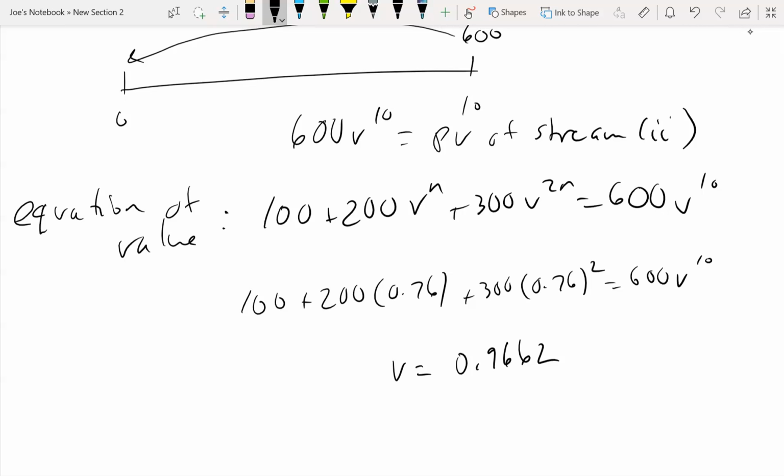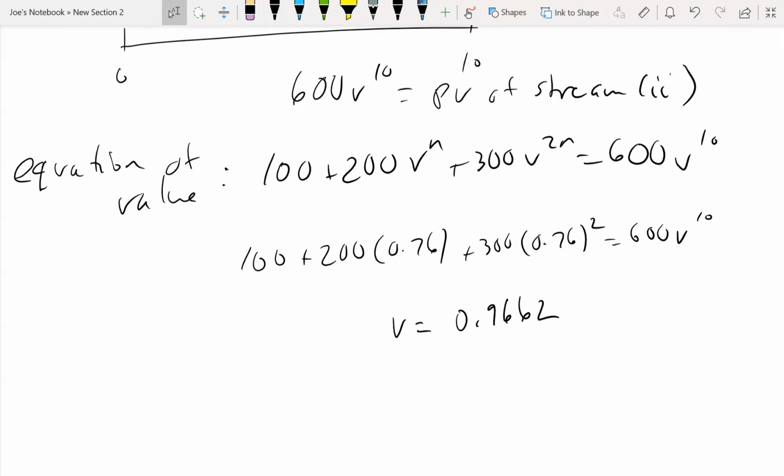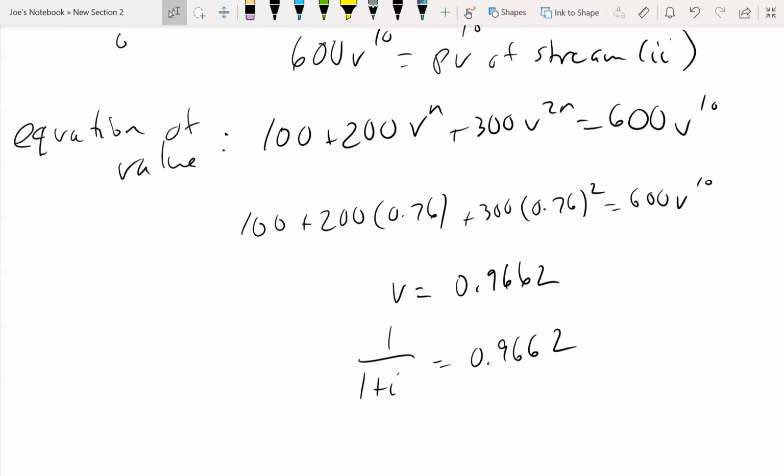All right, so now the problem didn't ask for v, the problem asked for I, but we know a conversion from v to I, right? What was v again? 1 over 1 plus I. So your I will be 1 over the 0.9662 minus 1. 0.03... 0.35?